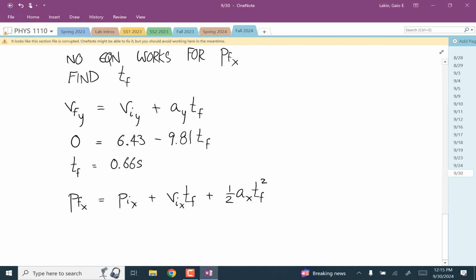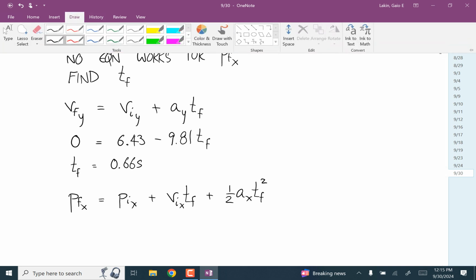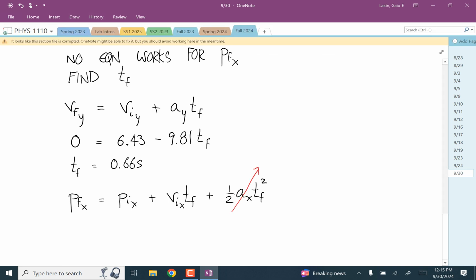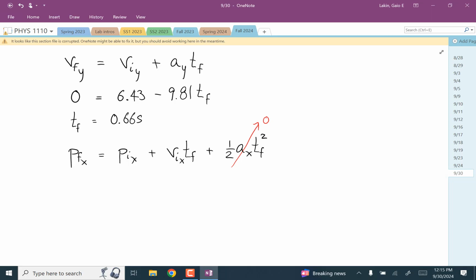The x acceleration is 0. So when you get to this x equation, this whole term just goes away. There's no acceleration in x. Okay? So we have Pfx is equal to 0 plus 7.66 times 0.66. And so Pfx is equal to 5.02 meters.